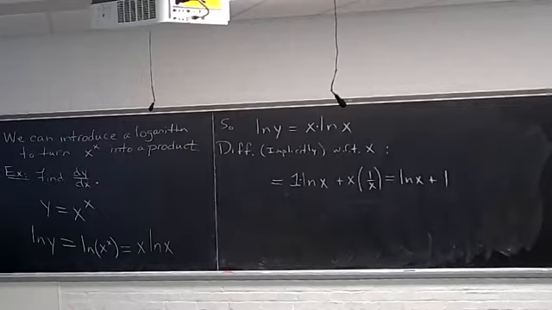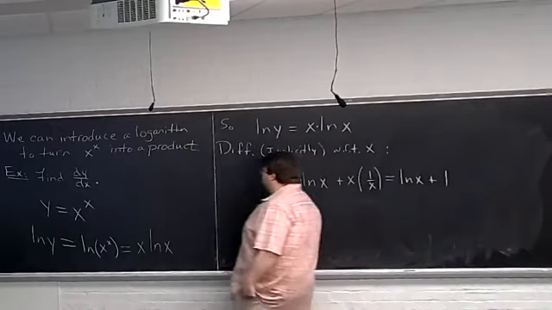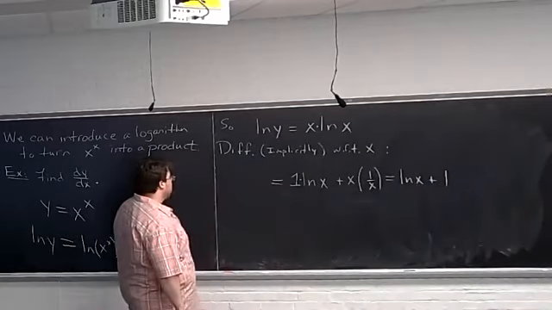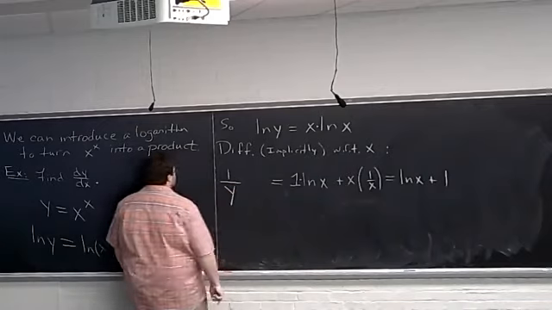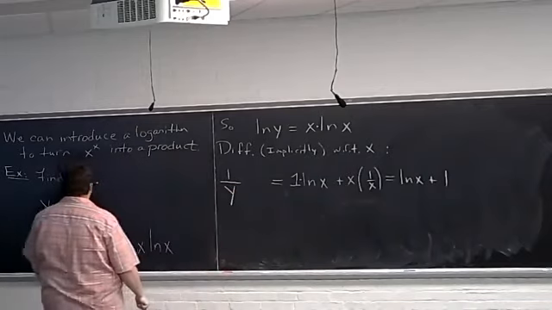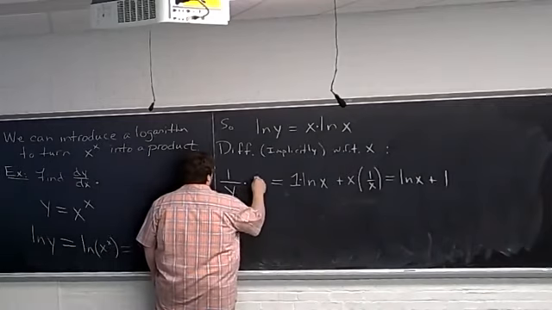There weren't any y's on the right side, so we just took the derivative normally. What about the left side? Differentiate with respect to x. Derivative of log of something is 1 over that thing. Then throw on a dy/dx, or a y prime.